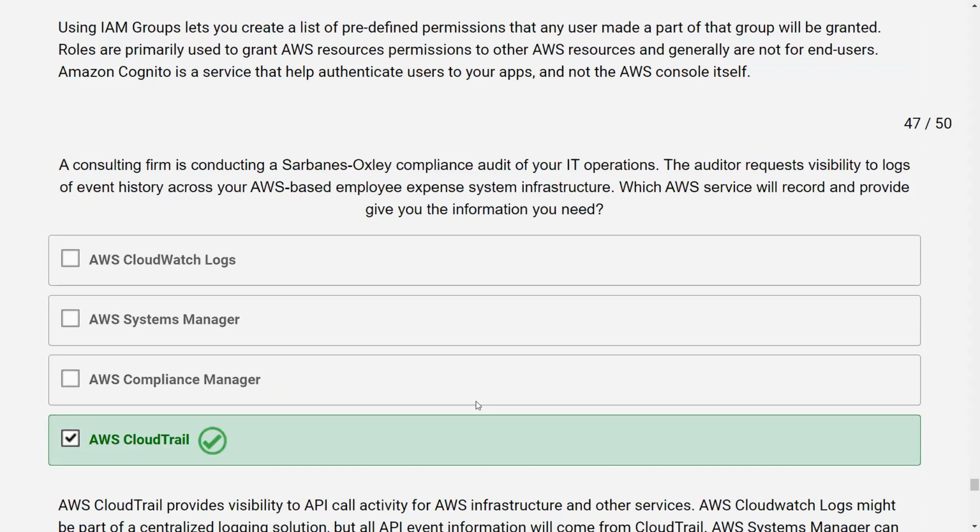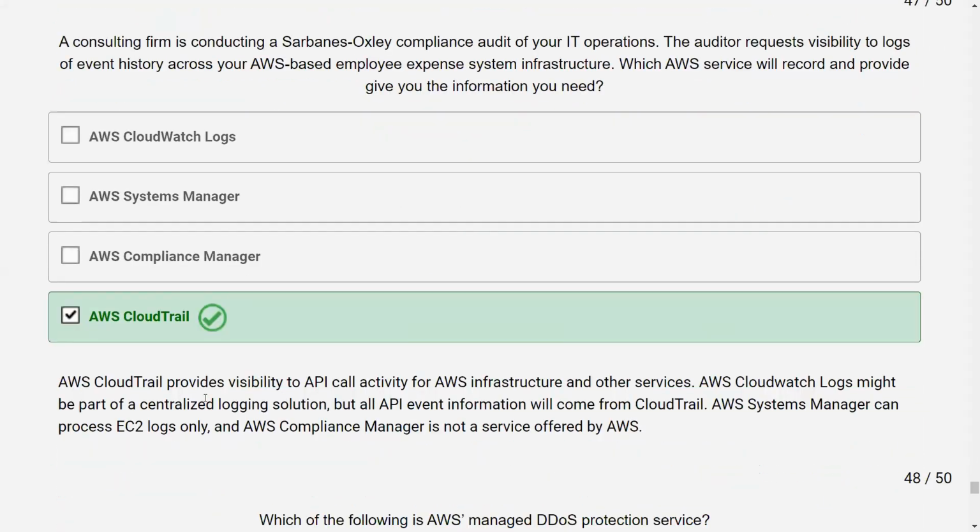Yeah, 47 too. Okay, so CloudTrail provides visibility to API call activity for AWS infrastructure and other services. CloudWatch Logs might be part of a centralized logging solution, but all API event information will come from CloudTrail.